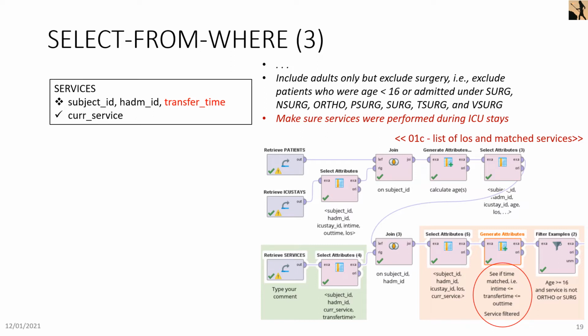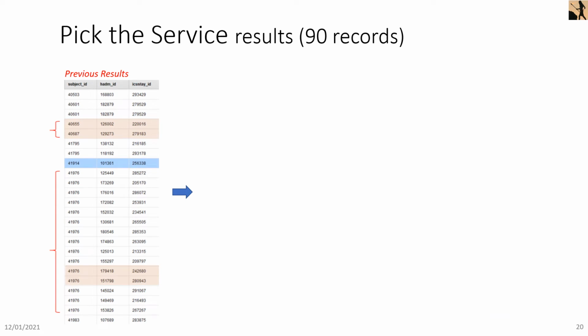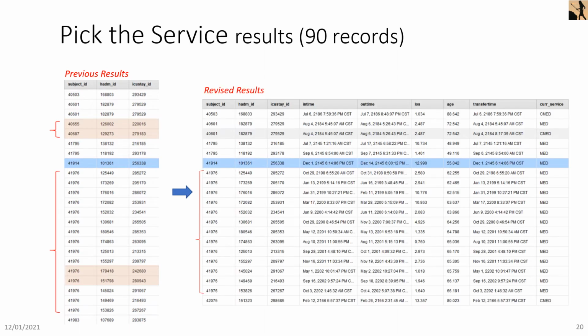But it is reasonable, right? So here we look at the output, and earlier we colored those records in pink or beige, right? And then for the new flow, we can see the revised result is now free of those wrong records. So we do have this new set that doesn't include those 4 undesired records.